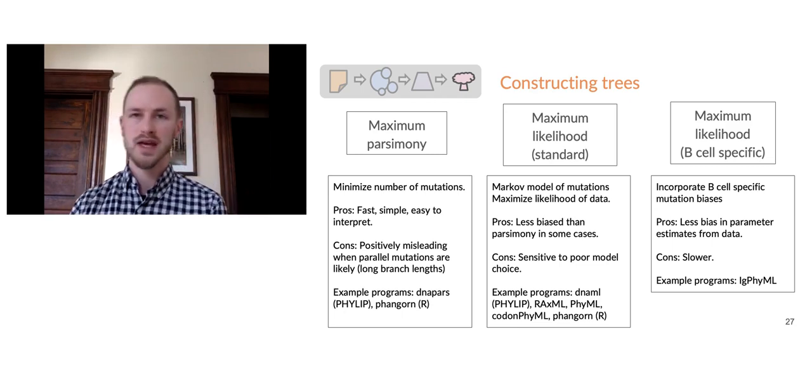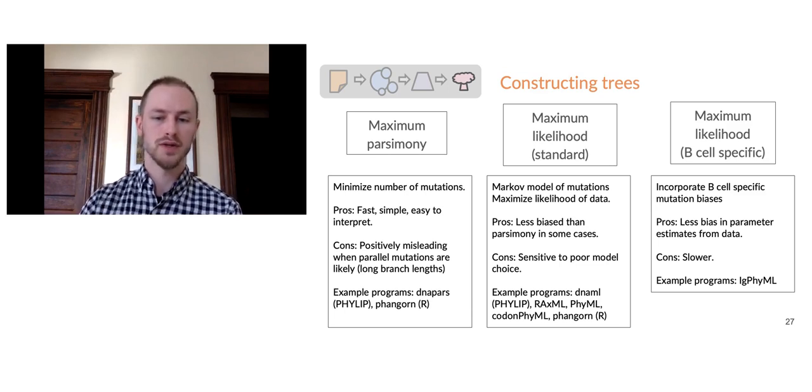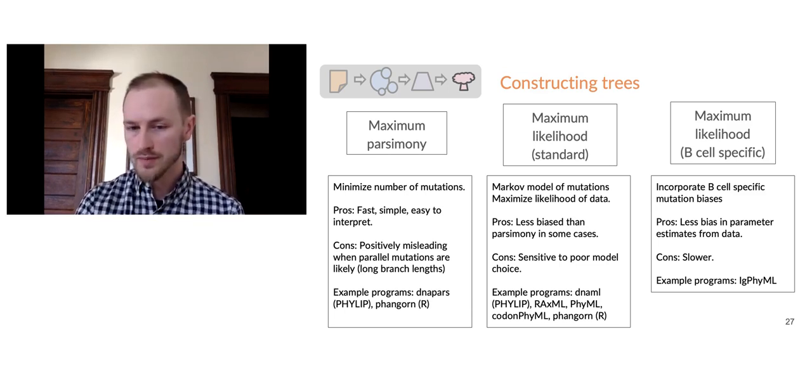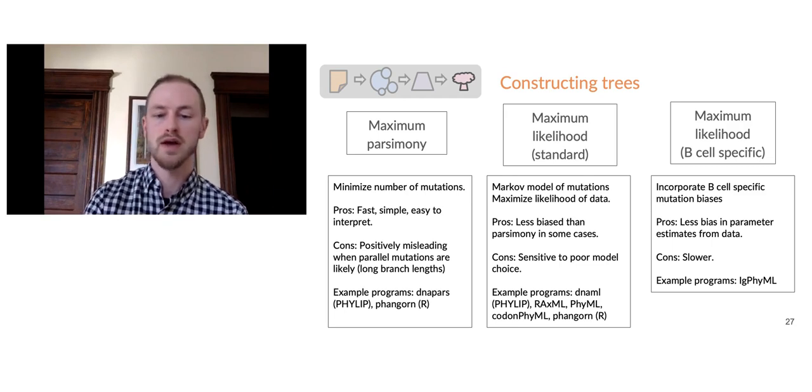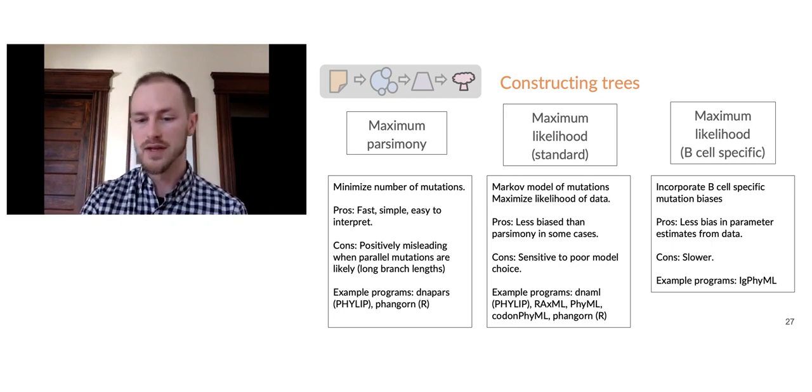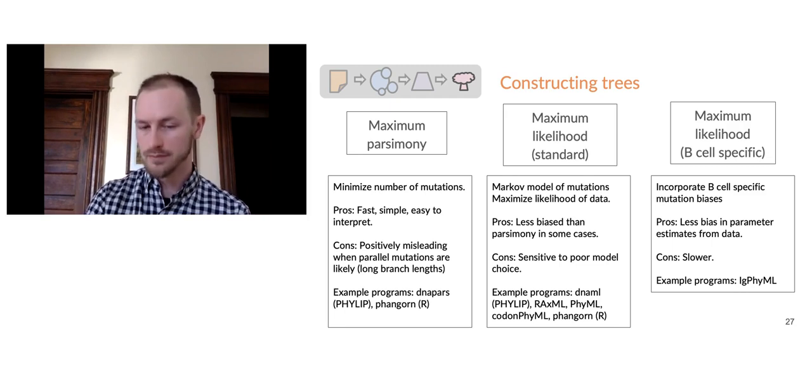The downsides are that it can be a little more computationally intensive and also sensitive to poor model choice. There are a lot of example programs for this. One of them is DNAML, which is also distributed as PHYLIP, but also RAxML, PhyML, Codon PhyML, and also methods within Dowser, which is in the R environment.